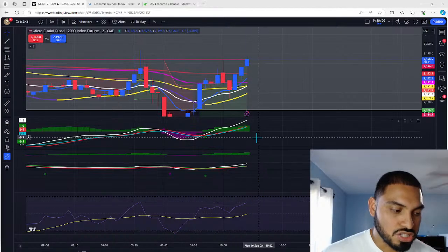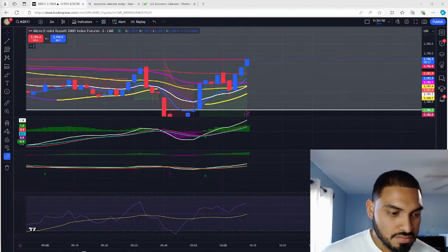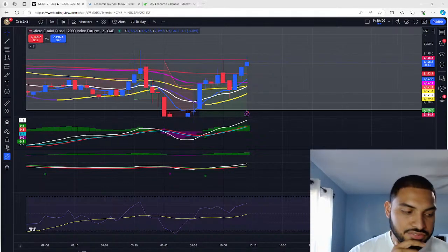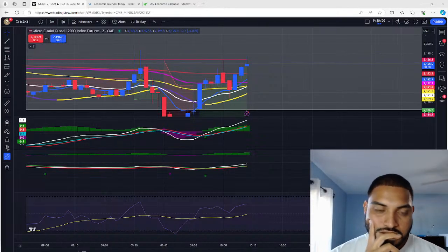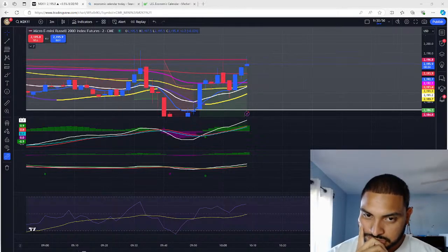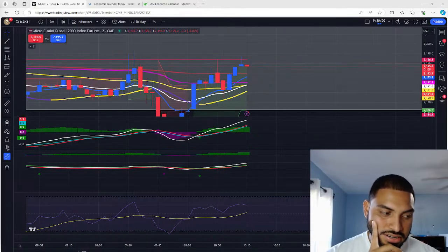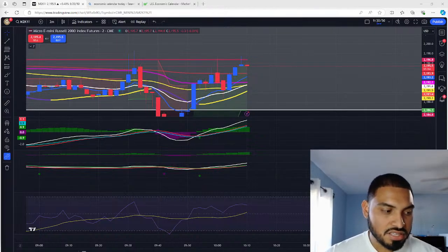We are very bullish on the 2 minute. We're coming on up. We have a few seconds on this 5 minute candle. We have 10 seconds. So it's getting rejected. Okay, we couldn't break it. Indicators are still to the upside. 5 minutes still to the upside.